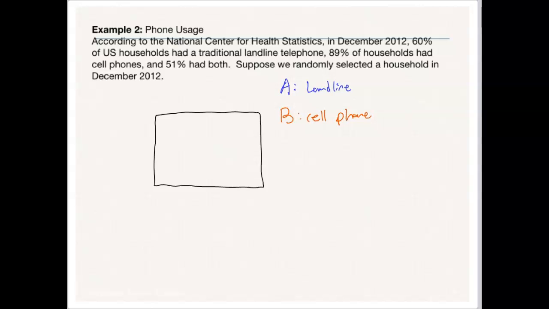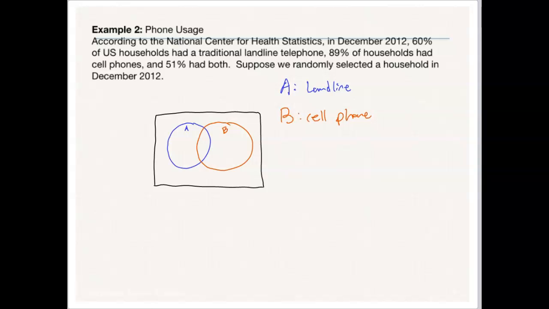Okay. And so what I want you to be careful about with something like this is for event A, they specify that 60% have landlines and 89% have cell phones. So notice if you add 60 plus 89, that's more than 100%. So what you want to understand is that when they say 60% had landlines, that does not mean they necessarily only had landlines.